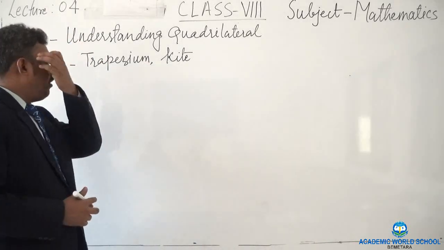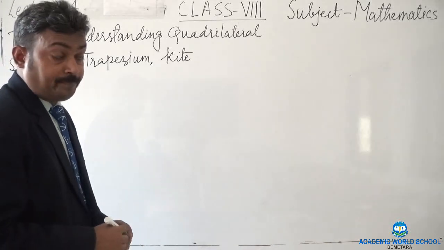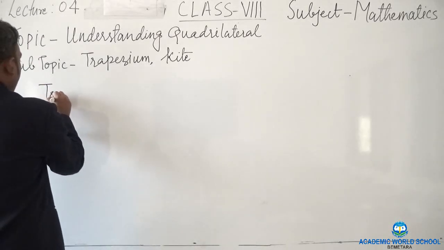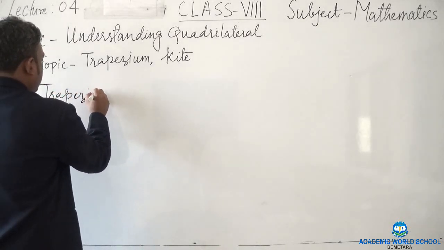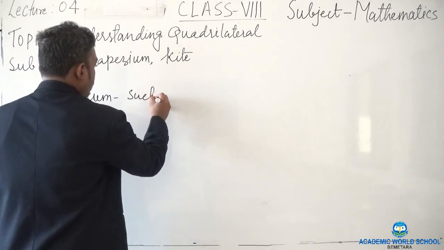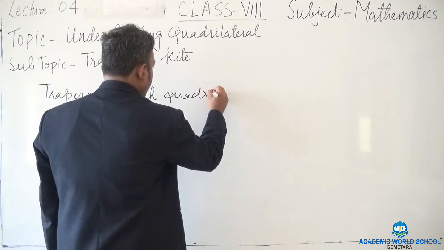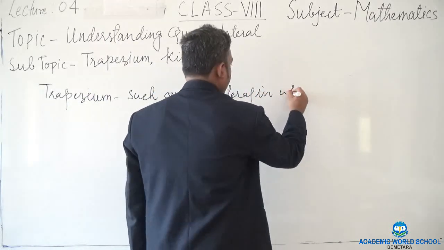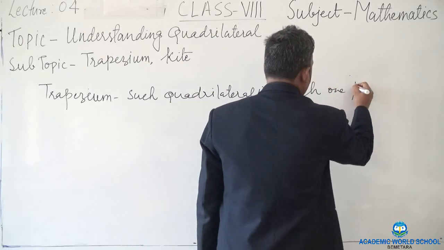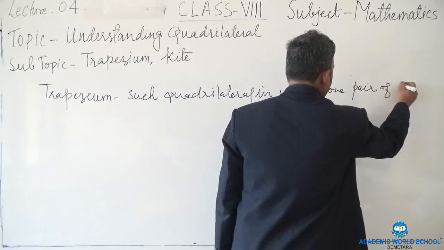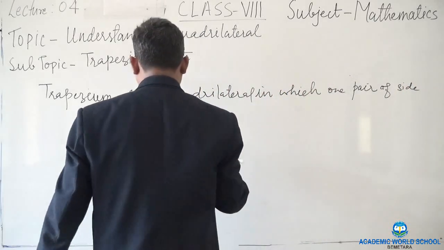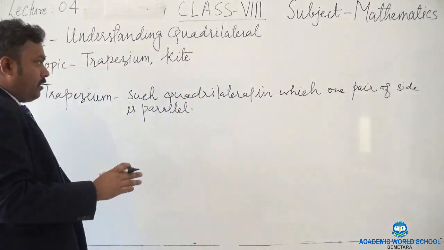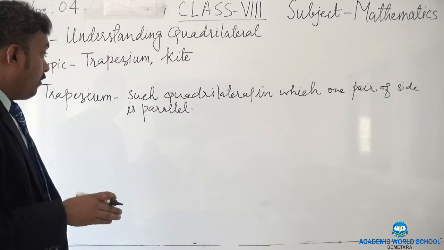As I told, a trapezium is a quadrilateral in which one pair of sides is parallel.